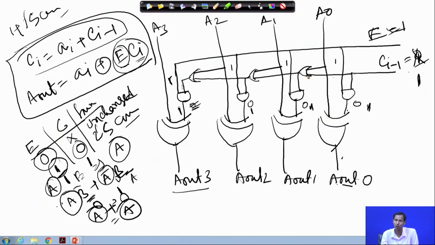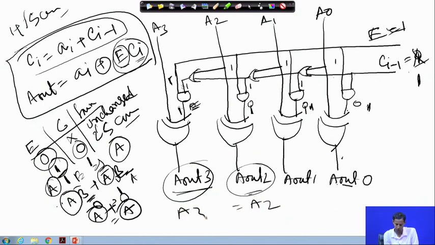If one of the inputs is 1, automatically this will be 1. Okay. So, that means now 1 and 1 will give you 1, this will also give you 1 and this will also give you 1. So, if each of these AND gate outputs is 1, at that time this A out will be just the bar of each of the inputs.